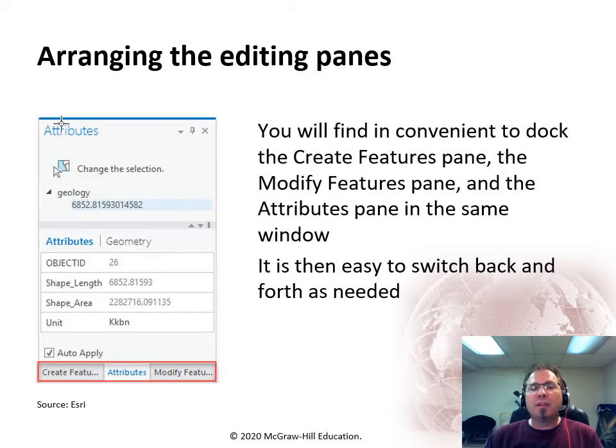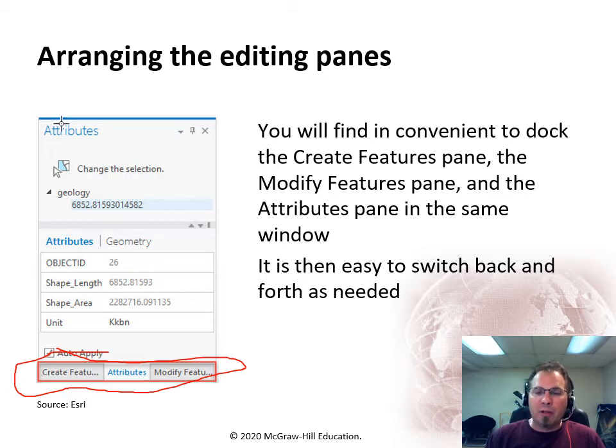You can arrange the different editing panes to your liking. Again, this is personal preference, but you'll find them as tabs down on the bottom here. As you work with GIS, you'll get more and more of these. You have your catalog pane, your create features pane, your geoprocessing pane. I use the results pane a lot because if you're running tools over and over again, it makes life a lot easier.